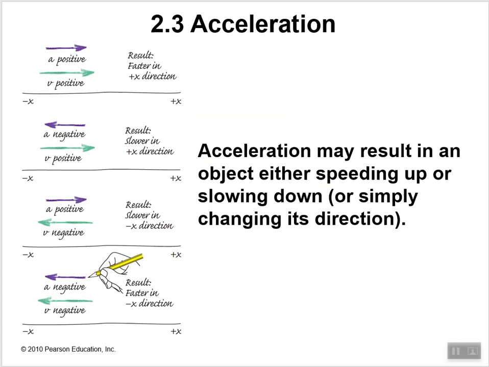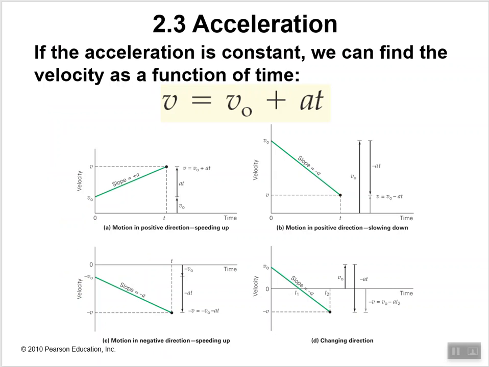Acceleration may result in an object either speeding up or slowing down, or simply changing its direction. And we go into a lot of detail here. So this takes us into our first kinematic equation. If the acceleration is constant, we can find the velocity as a function of time. So we have velocity equals v naught plus at.